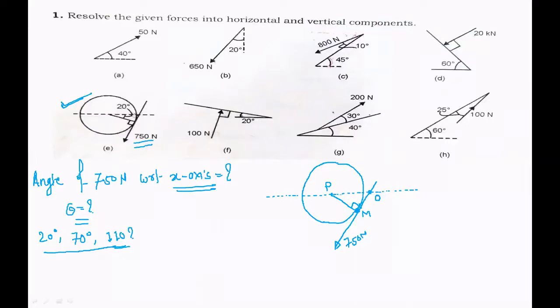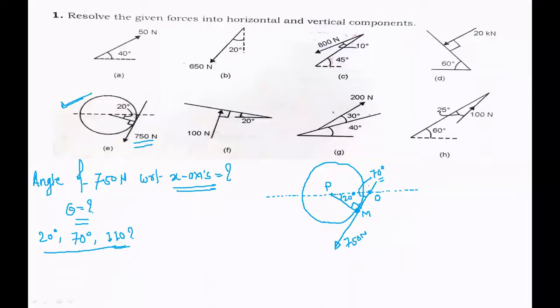The angle of the radius with respect to the horizontal line passing through the center of the circle is given as 20 degree. So 90 minus 20 gives the remaining angle, which is 70 degree. That means the angle of 750 Newton with respect to x-axis is 70 degree.